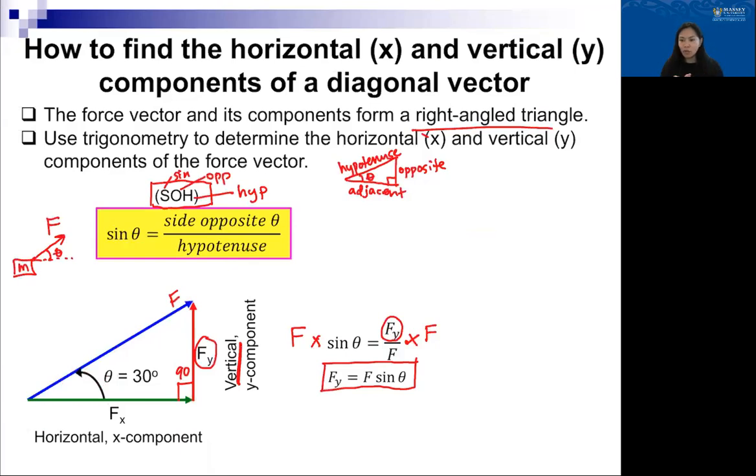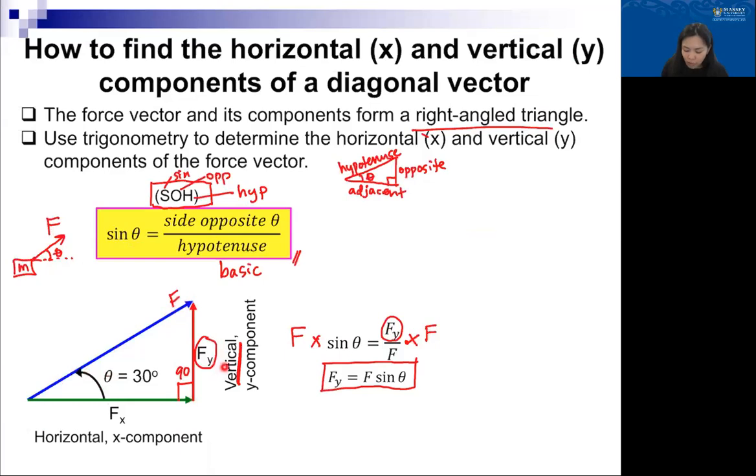Given that force F, you want to know what the horizontal and vertical components of the force F are. And that's where you have to use trigonometry, using this equation to get the vertical component of this diagonal force F. And we did a little bit of manipulation for this equation. So sine theta, this is the basic trigonometric equation that relates this diagonal force and its vertical component, because the side that's opposite the angle turns out to be the vertical component, and the hypotenuse turns out to be the diagonal force.